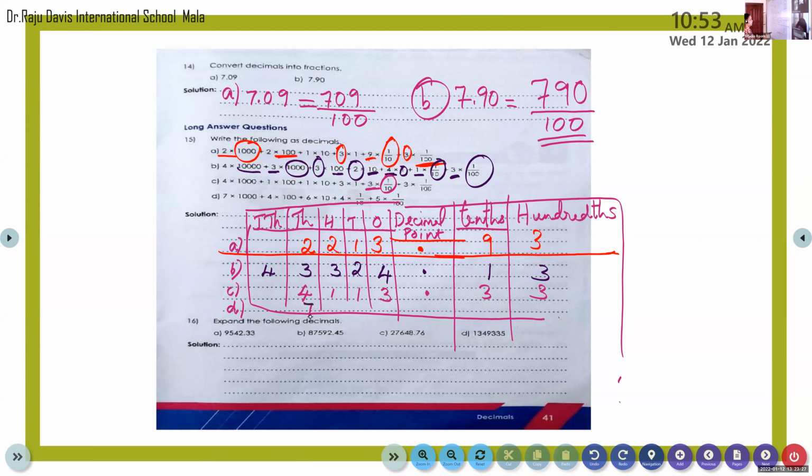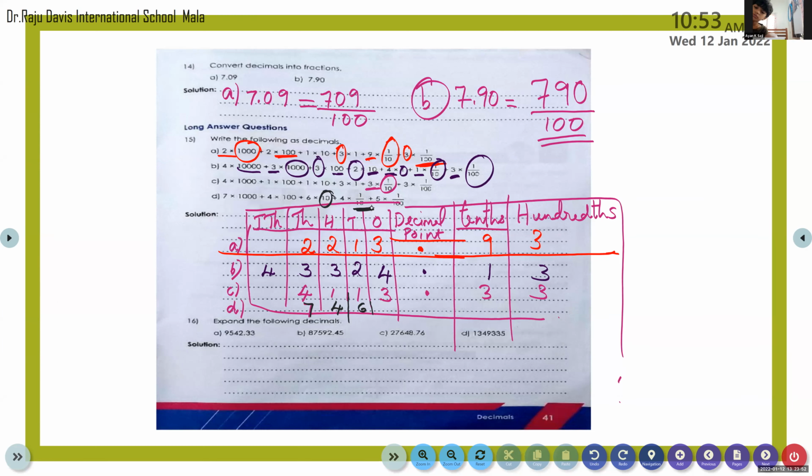7 in thousands place, 4 in hundred place, then 6 in tens place. Then after that, what is there in ones place? Zero. There is no number. After the tenth place here, it is 1 by 10.